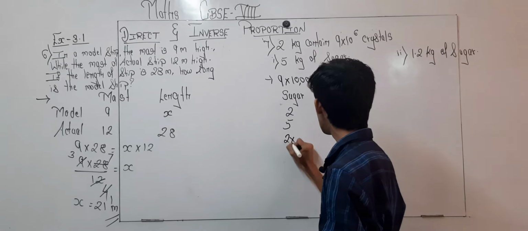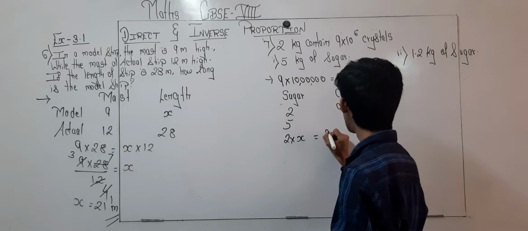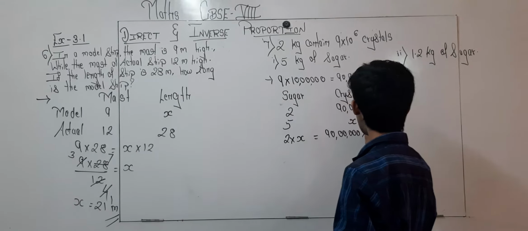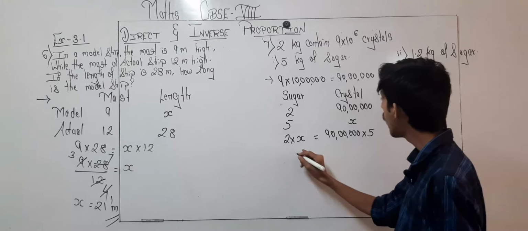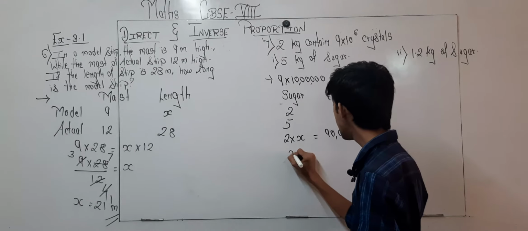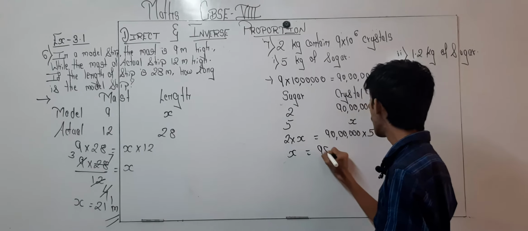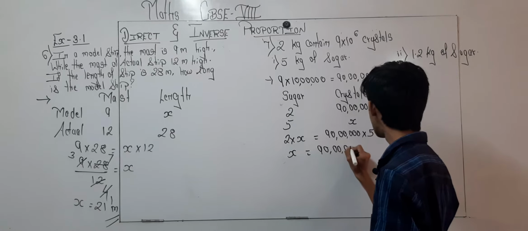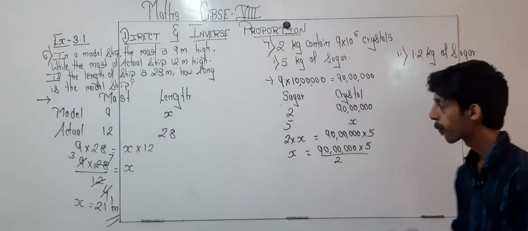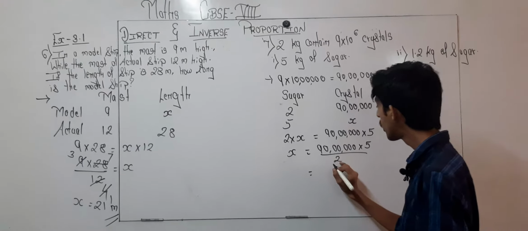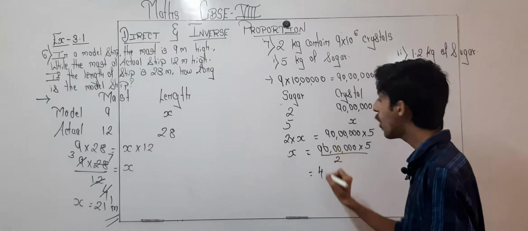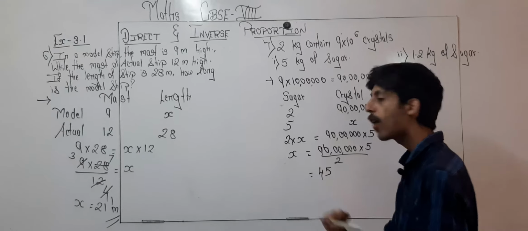So 2 multiplied by x will be equal to 90 lakhs multiplied by 5. Now over here, again, don't do the multiplication. Directly we will do the cancellation over here. So x, again over here 90 lakhs multiplied by 5 upon 2. Now 2 4s are 8, over here 1, 2 5s are 10.